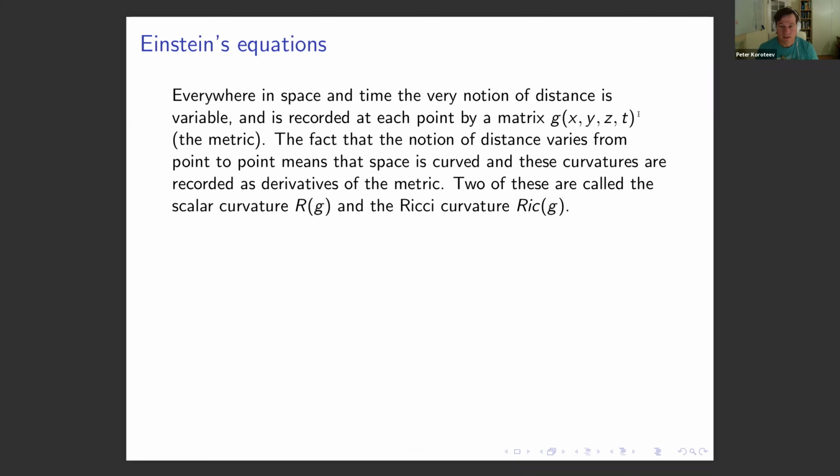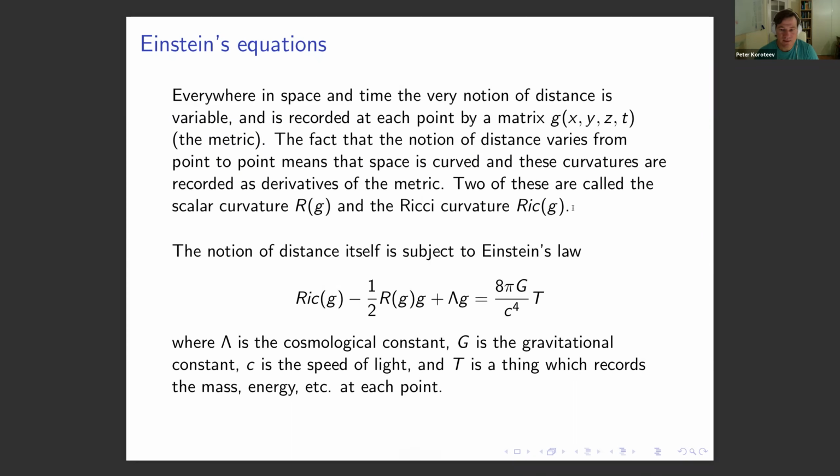In differential geometry, which is a more advanced course than this one, you'll take it later in grad school if you go there. Well, there's also an undergrad version. These are called the scalar curvature R of g and the Ricci curvature Ricci of g.